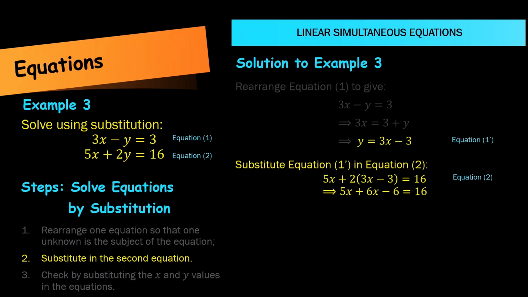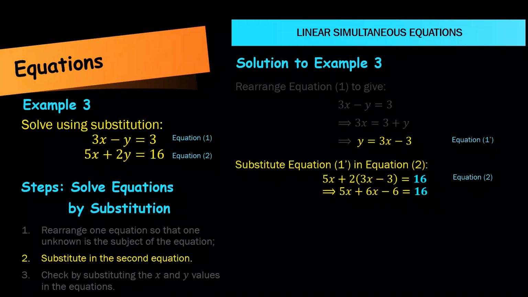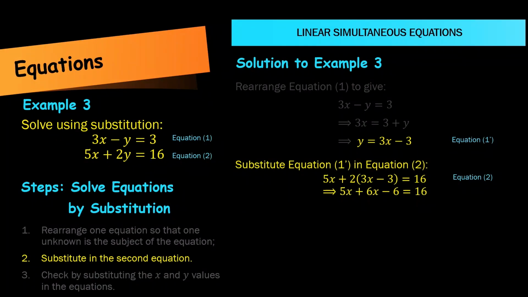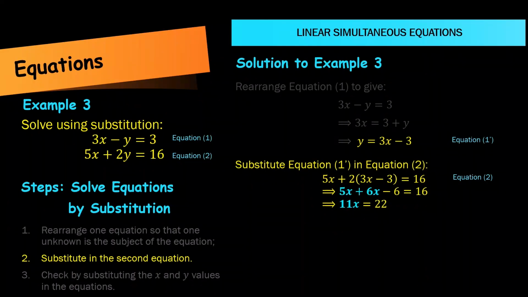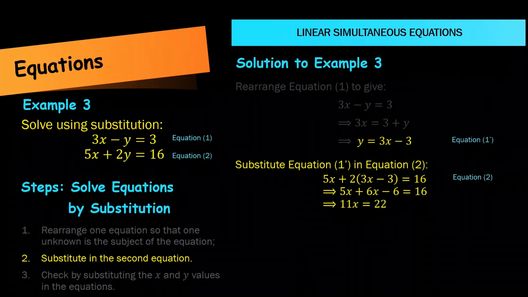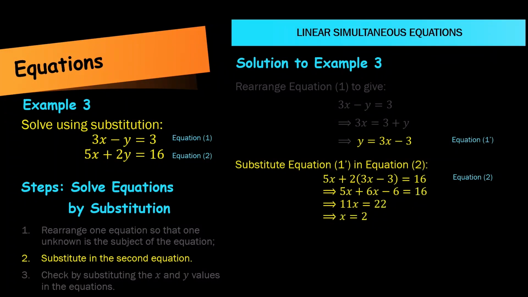And then tidying up gives us 5x plus 6x minus 6 equals 16. Then rearranging and tidying up gives us 11x equals 22, as 16 plus 6 is 22. Dividing through by 11 gives us x equals 2.